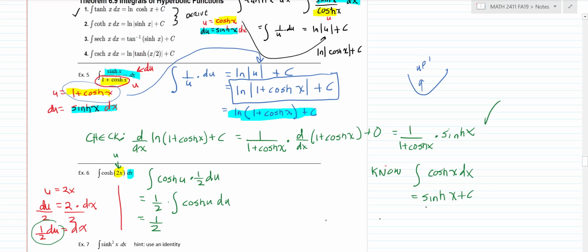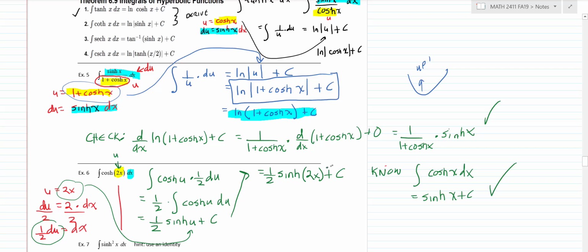The integral of the cosh is the sinh, so that would be sinh of u plus c. And then u is 2x, so that plugs back in. What we'd end up getting is 1/2 of the sinh of 2x plus c. That should be your solution to your problem right there.